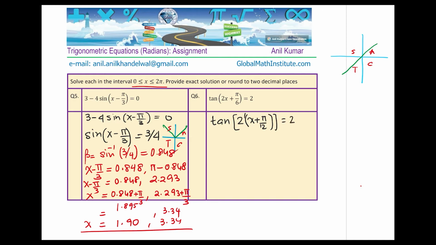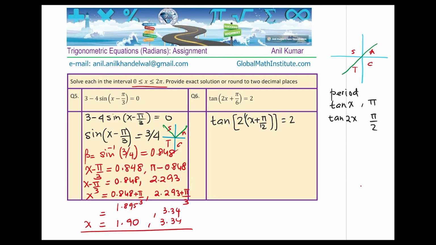Now what we have here is tan 2x. Normally the period for tan is, and this is a very important approach, the period for tan x is pi, correct? So the period for tan of 2x will be half of that. So the period is pi by 2. Each solution will repeat after pi by 2, correct? You get the idea.